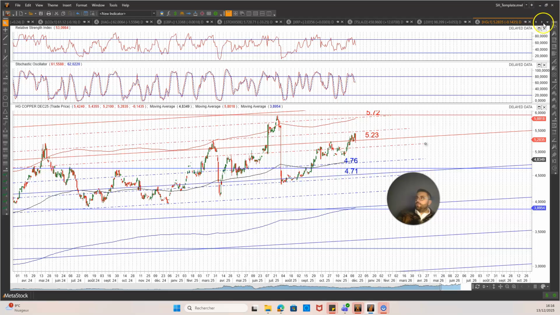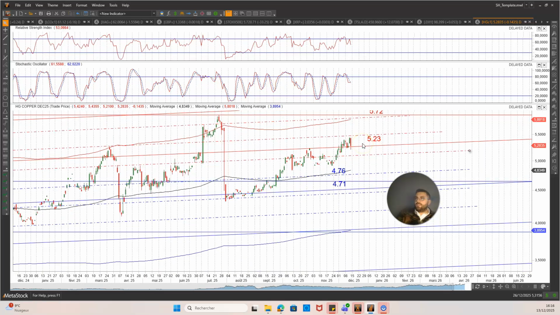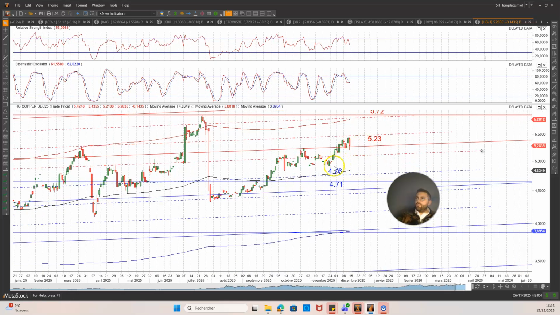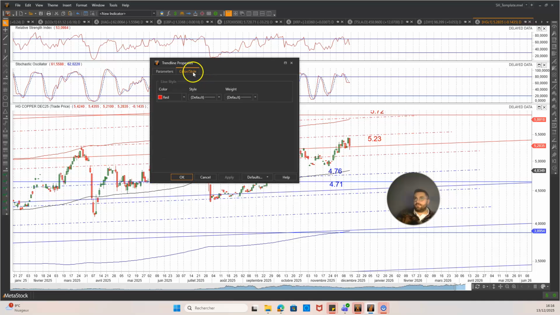Let's talk about the copper, the last asset that I will be analyzing today. So we can see that very recently prices broke through important resistance, which flipped to support right now. So let me change its color.